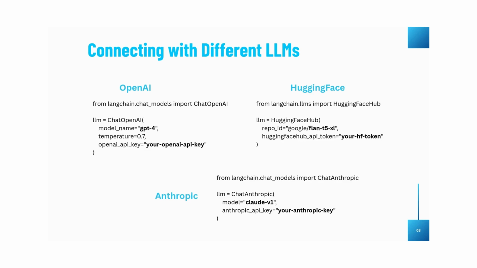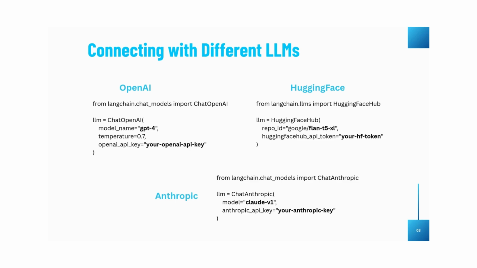And finally, let's connect to Anthropic's Claude, which is known for its long context reasoning capabilities. The same way as Hugging Face and OpenAI, you need to first import the wrapper class ChatAnthropic. Once you import the wrapper class, you can initialize the LLM and you need to pass the model name and Anthropic API key.